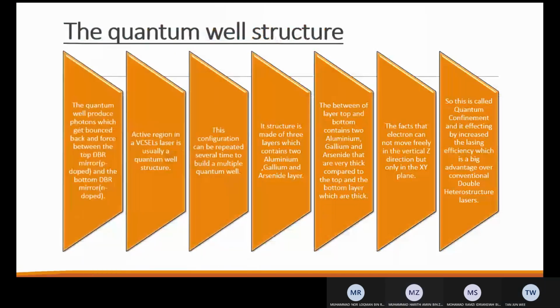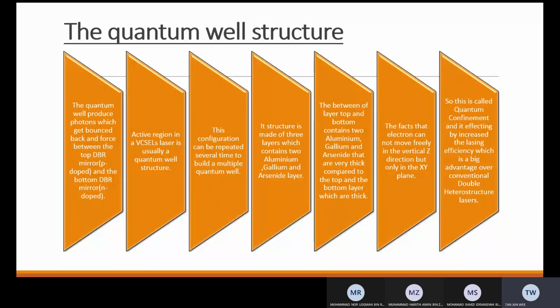Then the quantum well structure. The quantum well produces photons which get bounced back and forth between the top DBR mirror, P-doped, and the bottom DBR mirror, N-doped. The active region in a VCSEL is usually a quantum well structure.